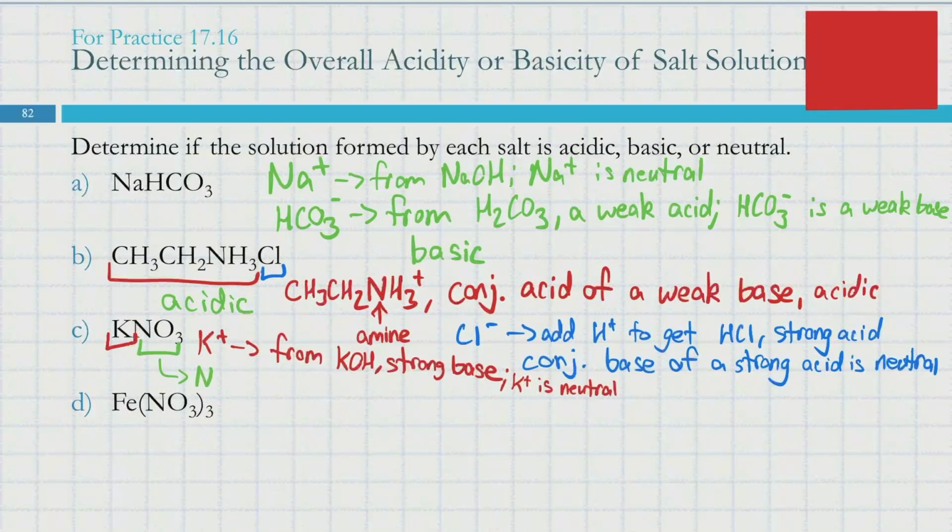And then we've got nitrate, NO3 minus. If you add a proton to that, we've got nitric acid. Nitric acid is a strong acid.